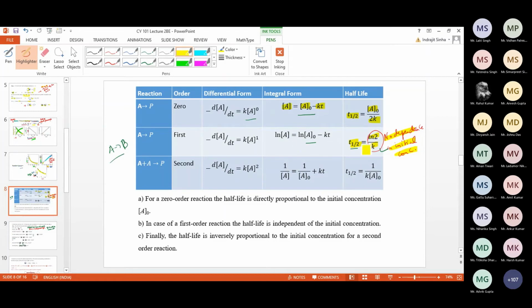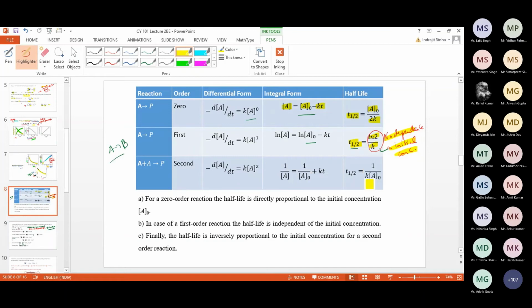For first order, this is another very famous expression that you have used in lots of numericals. T half does not depend on the initial concentration or any concentration of A. T half is dependent only on the rate constant, right?